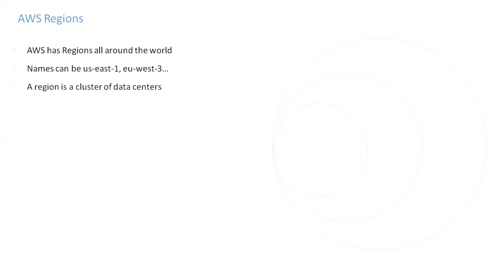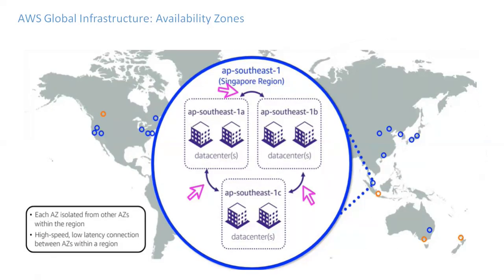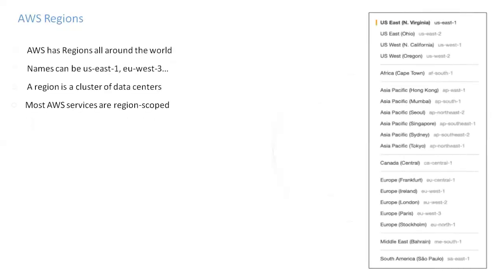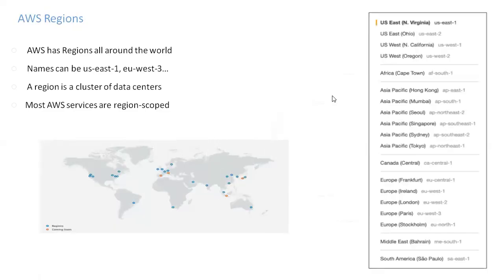A region is a cluster of data centers, as you can see in this diagram. A cluster means a group of data centers. So a region is a group of data centers, and most AWS services are region-scoped services.